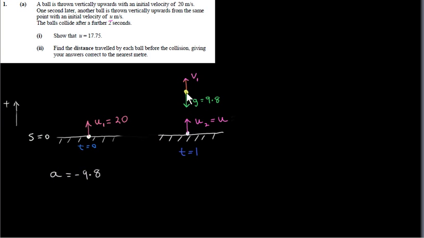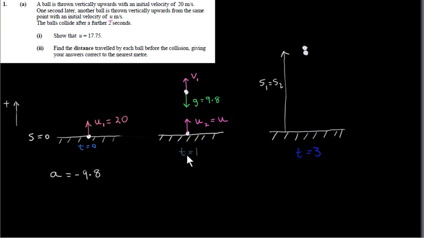See, the acceleration vector is pointing downwards, whereas we're taking upwards as being positive. So v1 is positive, u2 is positive, but g will be negative. So a will be negative. g is just the magnitude of the acceleration. a is minus 9.8.